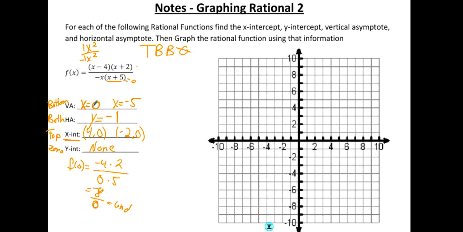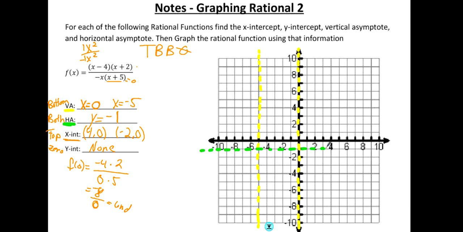So now we draw our information. Again, like I told you before, I use certain colors, so my vertical asymptotes are yellow. So I have one here at 0 and at -5. Then I draw my horizontal asymptote, which is at -1.